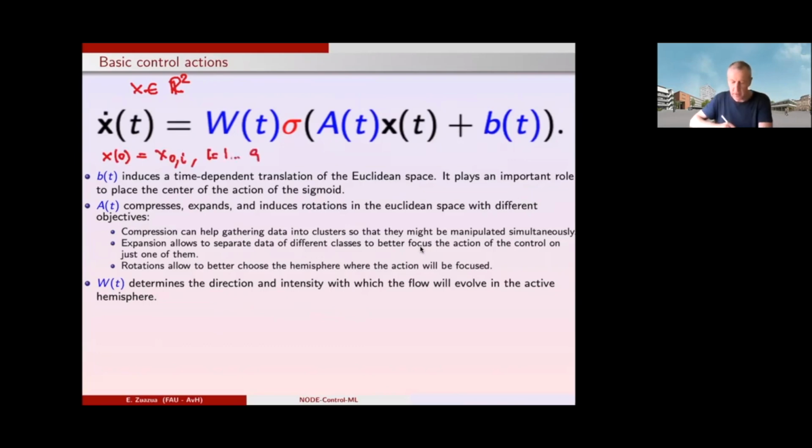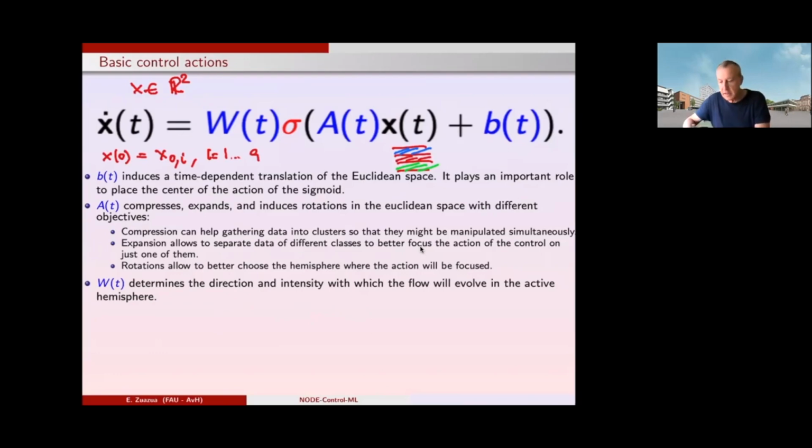We have 9 of them, and with an appropriate choice of the controls B(t), A(t), and W(t), it succeeds in putting these 9 points in the 3 bands that we have chosen: the blues here, the reds here, and the greens here. Okay, that was the goal. Can we succeed in building this differential equation?